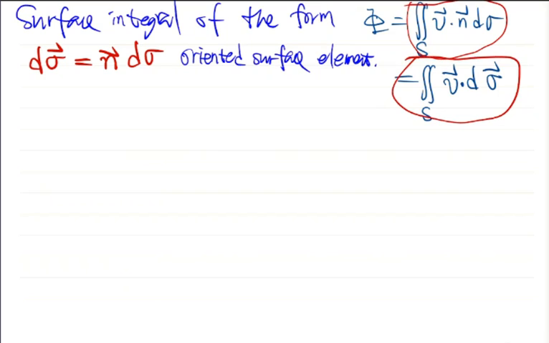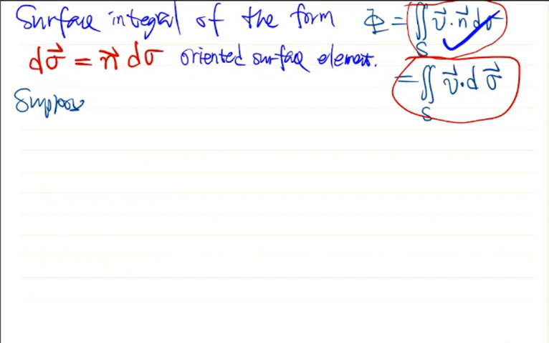But this integral is nothing new. It is simply a convenient way to write the above integral, the usual surface integral. Since this kind of integral appears frequently, we need to study it more generally. So this is the definition.